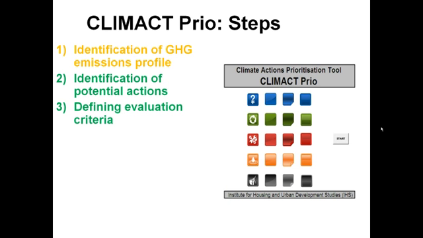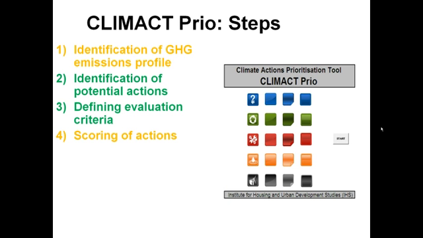So not only climate mitigation or adaptation objectives, but broader than that, like sustainability objectives and so on. Of course, I have to say here that this is quite a participatory step, where different stakeholders can express their objectives, concerns, and so on.